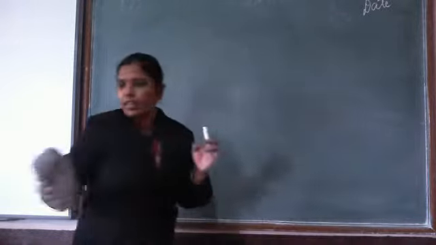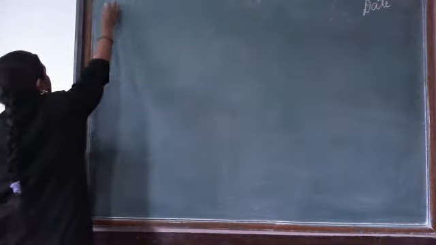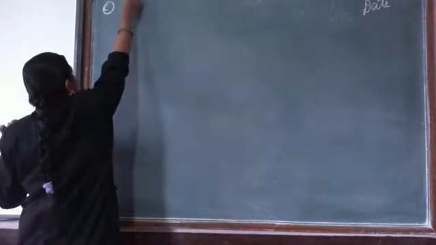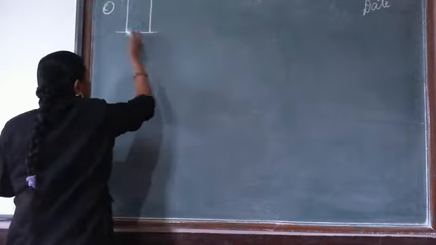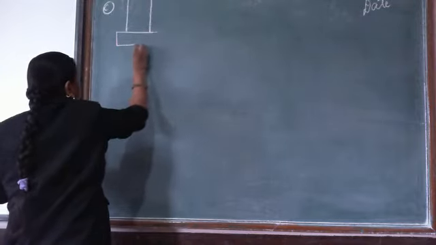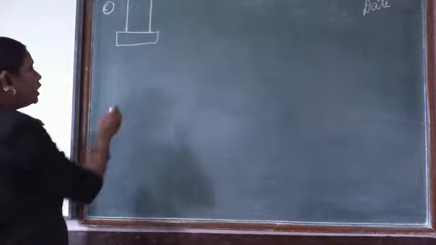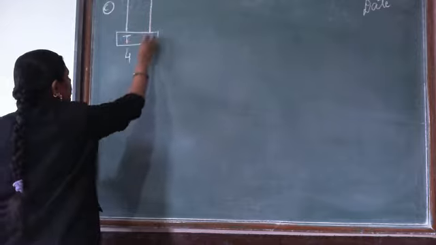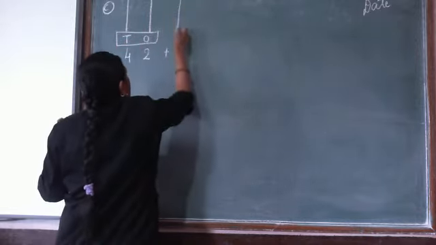Next question. C, right? C, draw the abacus. What is the number? 42. 42 plus, draw the next abacus.